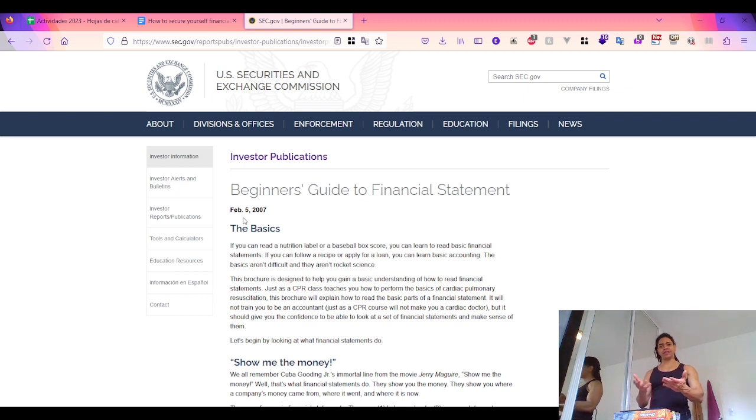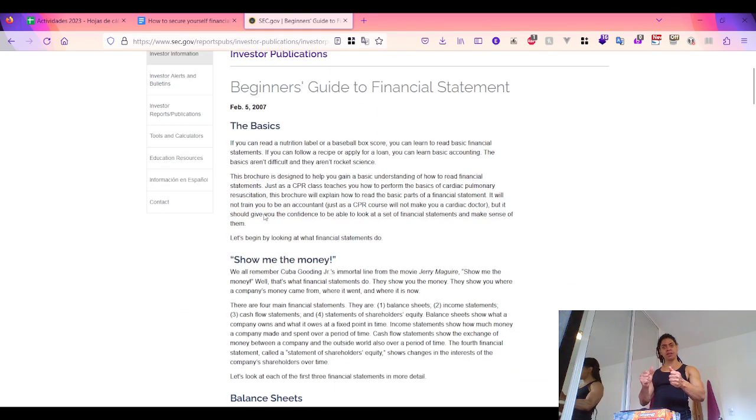They are not rocket science. After all, these statements show you the money. Period. From Cuba Gooding Jr.'s immortal line from the Jerry Maguire movie, "Show me the money." That's what it is.